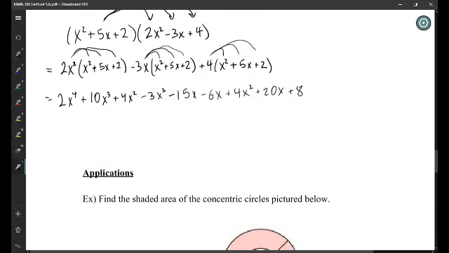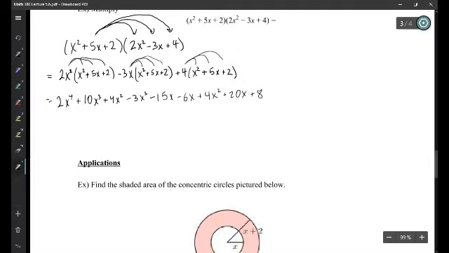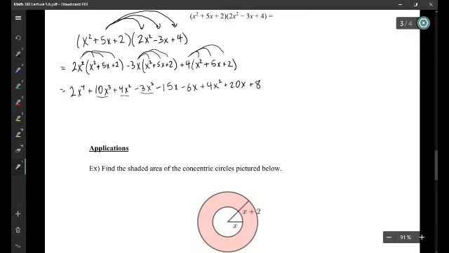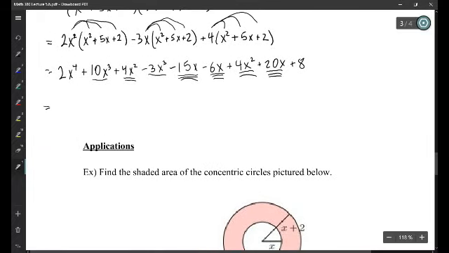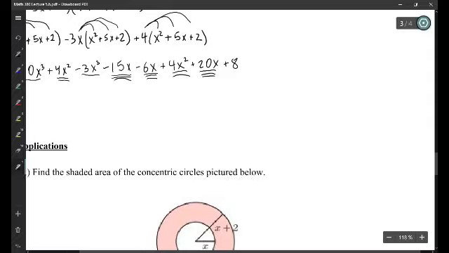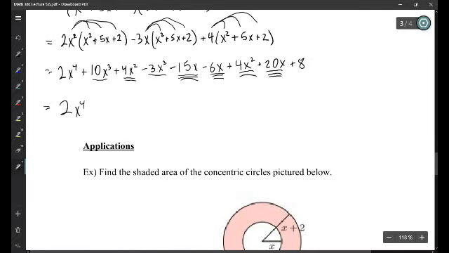And then go through, collect, and combine like terms. So 10x cubed, negative 3x cubed, 4x squared, and a 4x squared. And then negative 15x, negative 6x, and positive 20x. So that's 2x to the fourth. For the x cubed terms, 10 minus 3 is positive 7, so plus 7x cubed.